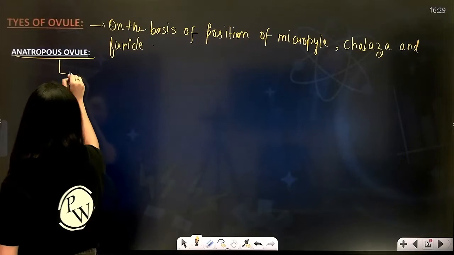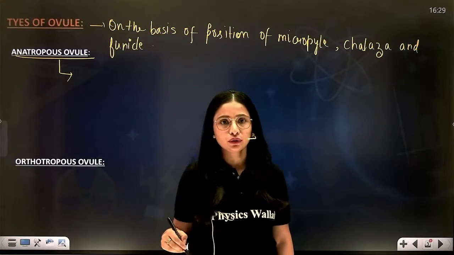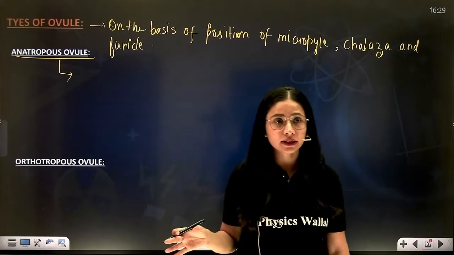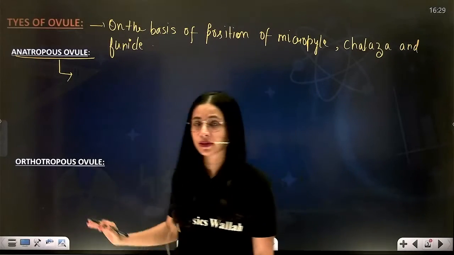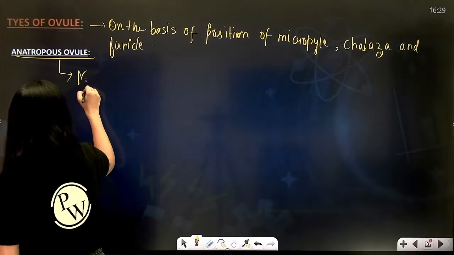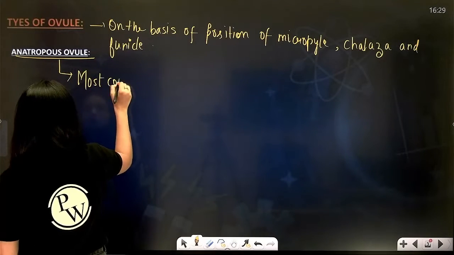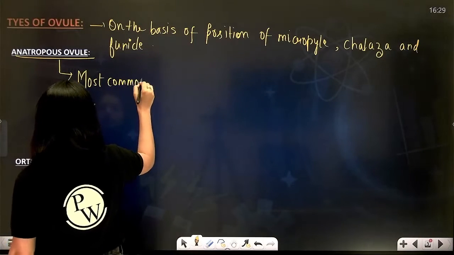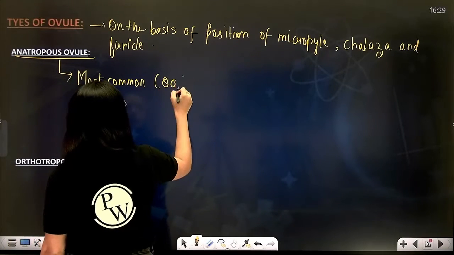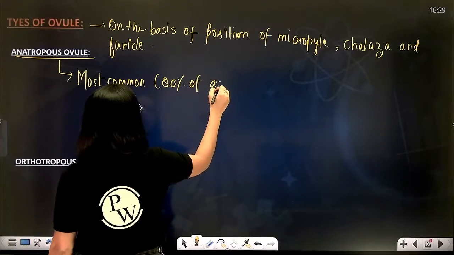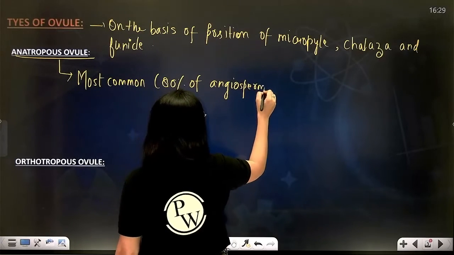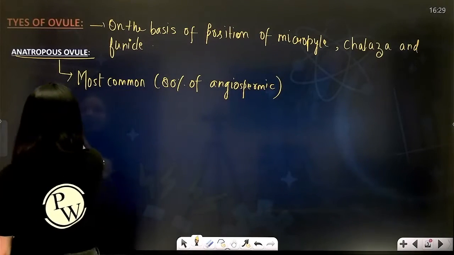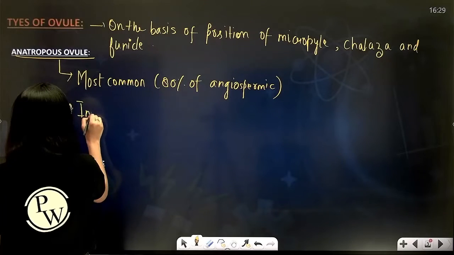First, let's start with the most common ovule, observed in 80% of the angiospermic families, called the anatropous ovule. So it is the most common. It is actually the inverted ovule.